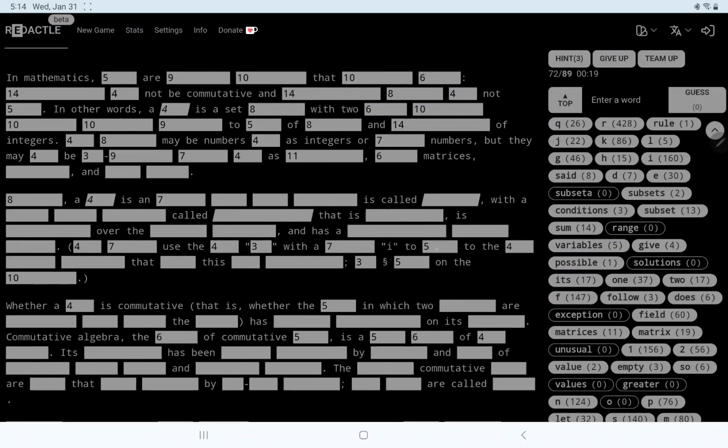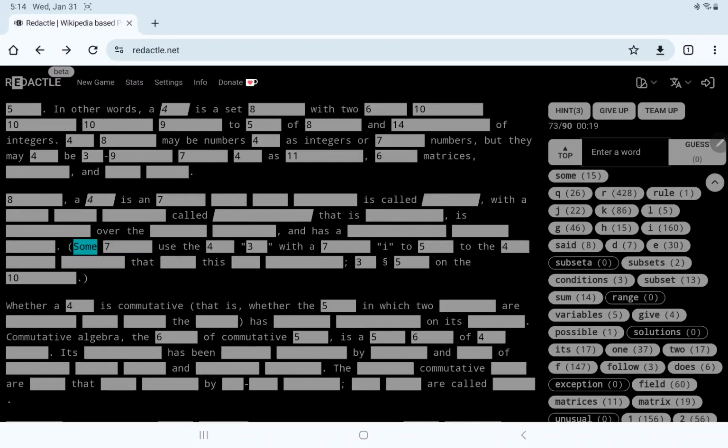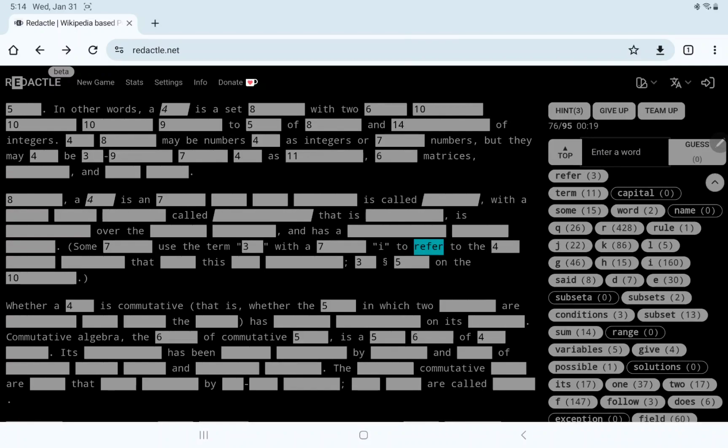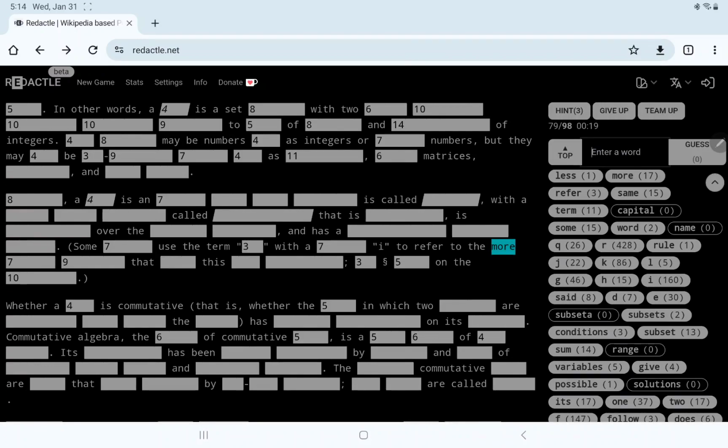Use the word, use the name, use the term, with a something, to refer to the more unusual.